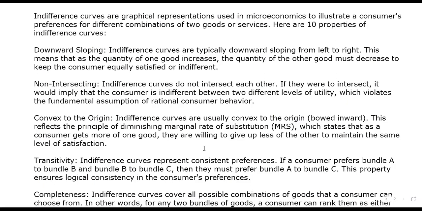Indifference curves are also non-intersecting; they do not crisscross. If they did, it would imply that a consumer is indifferent between two different levels, which violates a fundamental assumption that each indifference curve is unique.